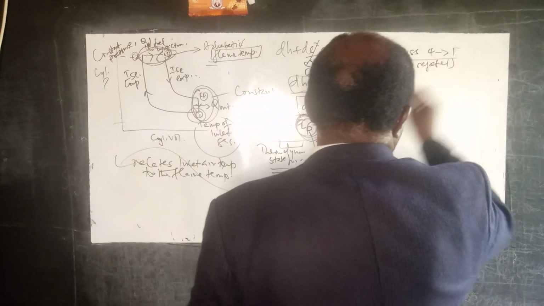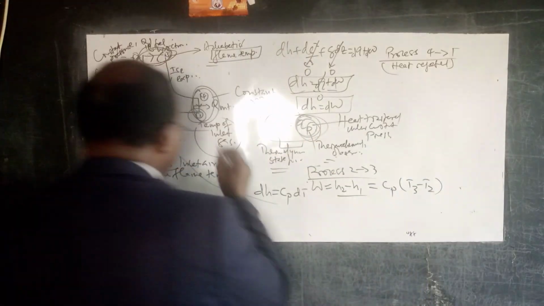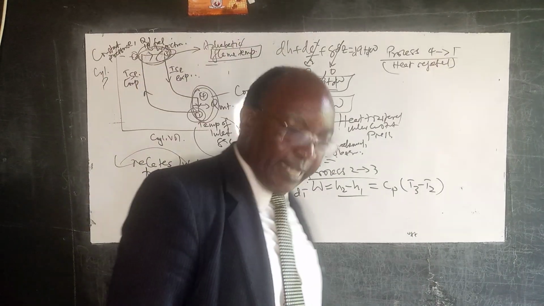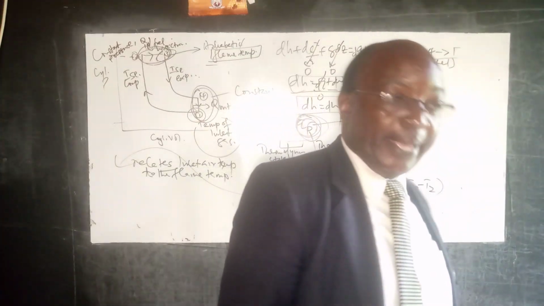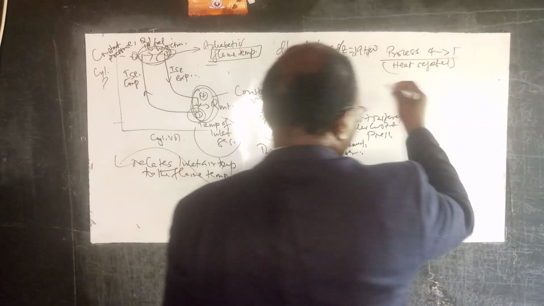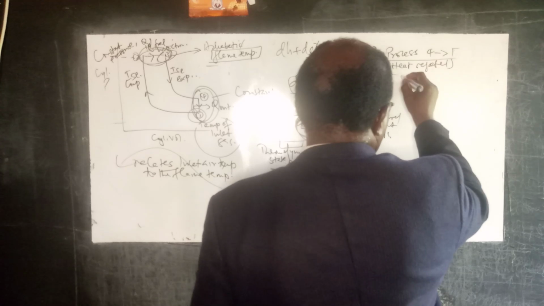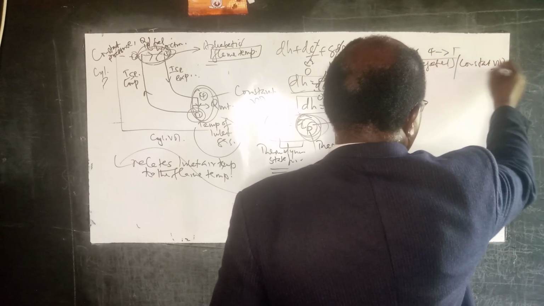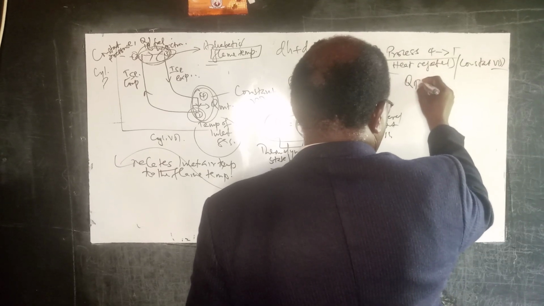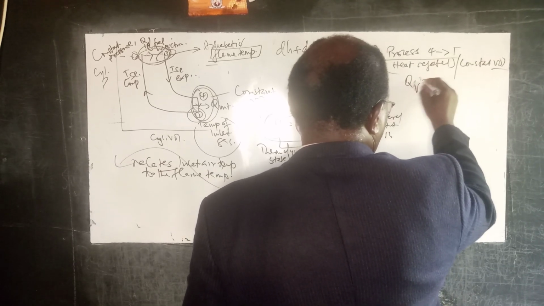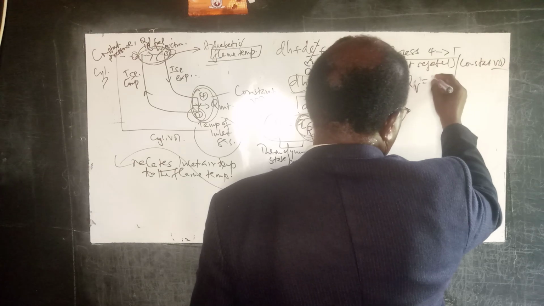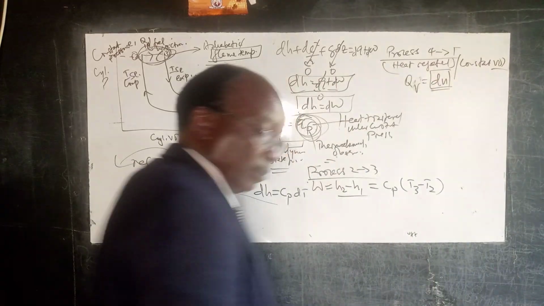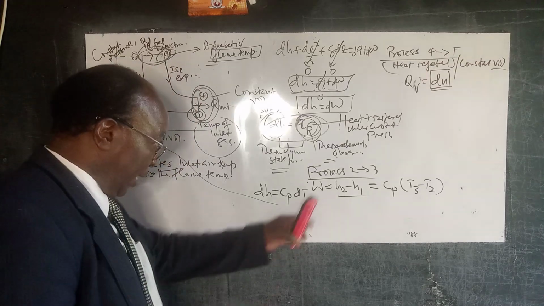Now, so heat rejected. At that particular point, remember we have said this is constant volume. Again, heat transferred under constant volume is the change in internal energy. It's a constant volume process. Remember, constant volume. Therefore, heat transferred under constant volume is the same as the internal energy change. So, what are we saying?